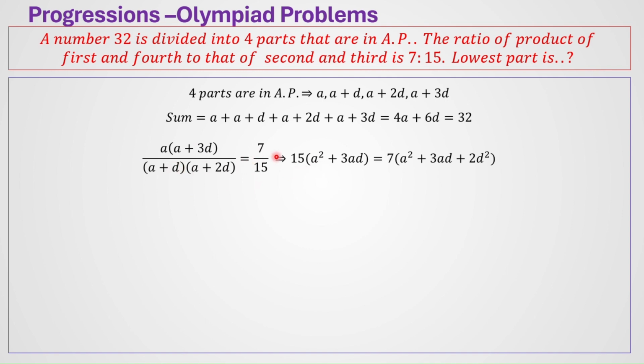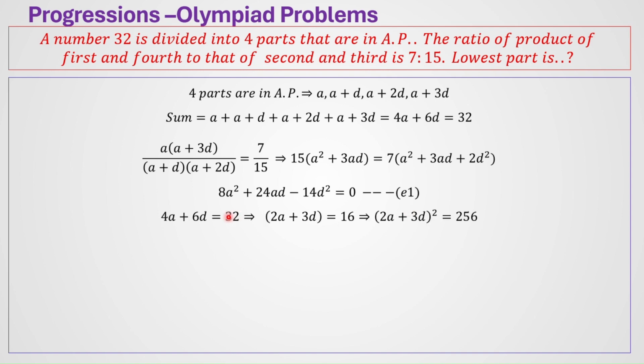Now if you simplify and take the variables to both sides, and simplify it further, what you will get is 8A square plus 24AD minus 14D square equal to 0. This is your E1. Now 4A plus 6D is equal to 32, which means 2A plus 3D is 16, or 2A plus 3D whole square is 256.